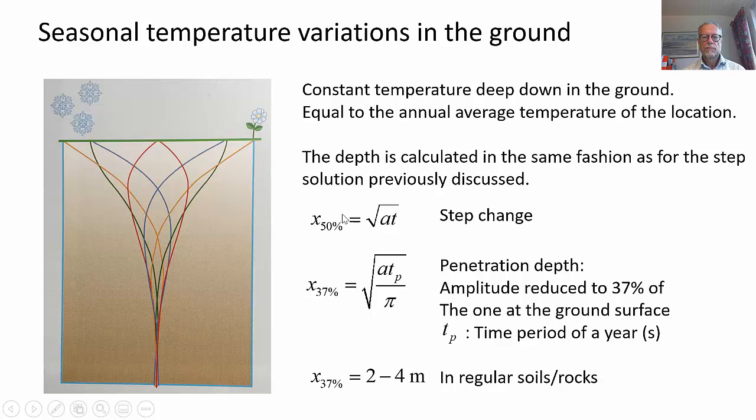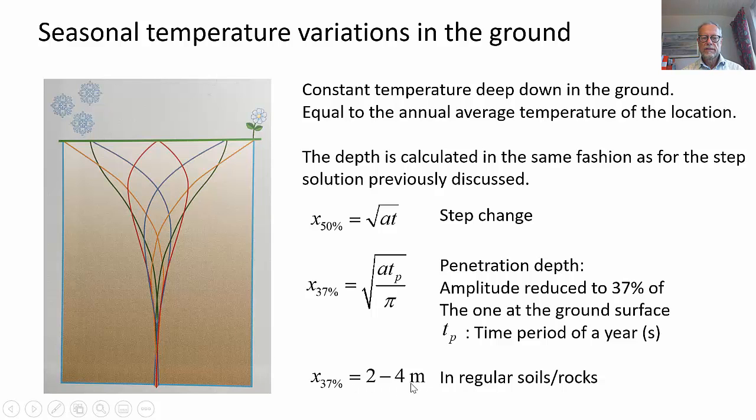We had this x 50% equal to the square root of a t. We can get a similar one for a 37% reduction of the amplitude. So the amplitude is 37% of what we have here. This is the amplitude at the ground surface, and down here at a certain depth, x 37%, the amplitude has been reduced to 37% of what we have at the ground surface.